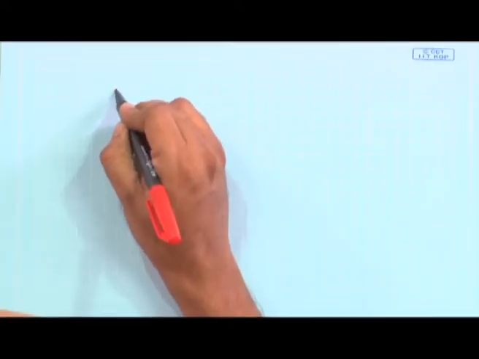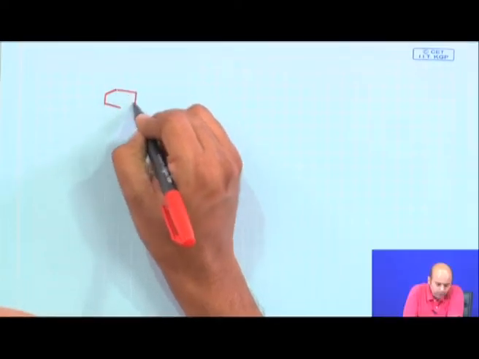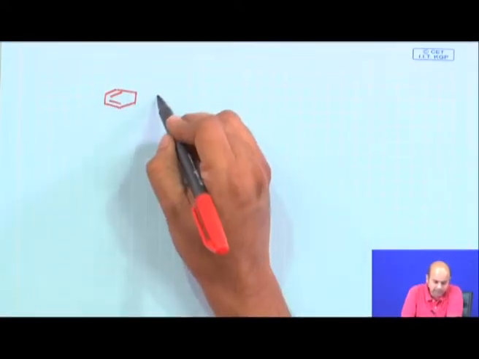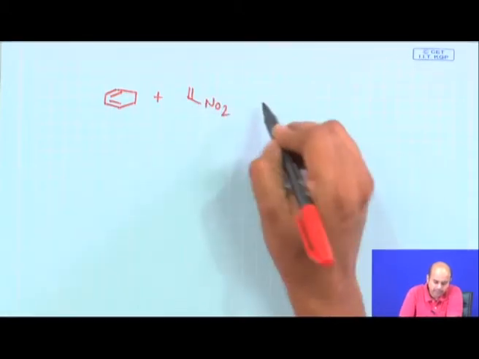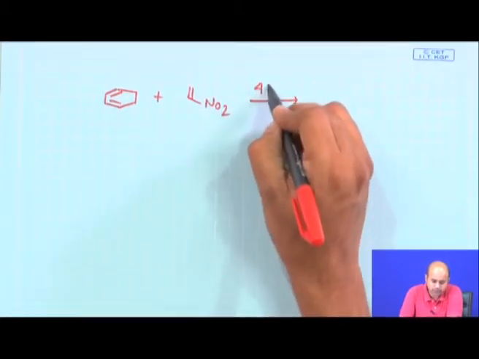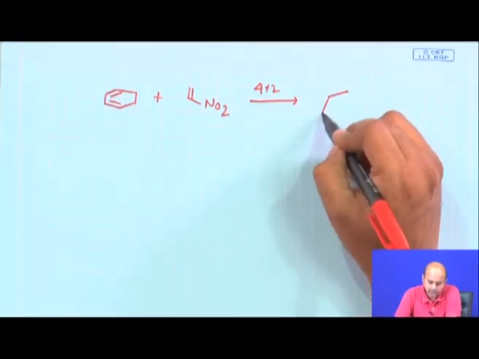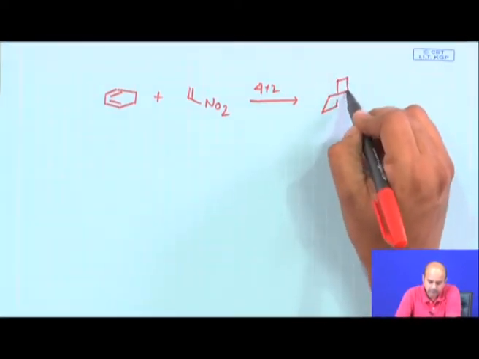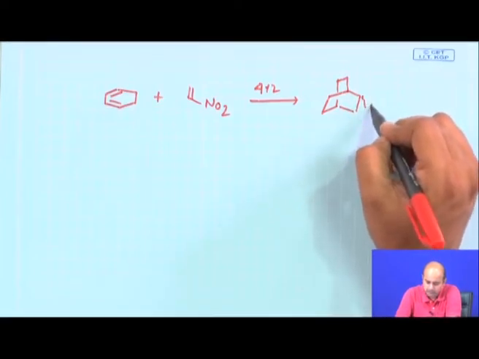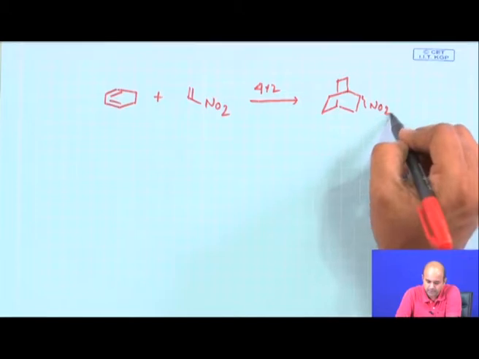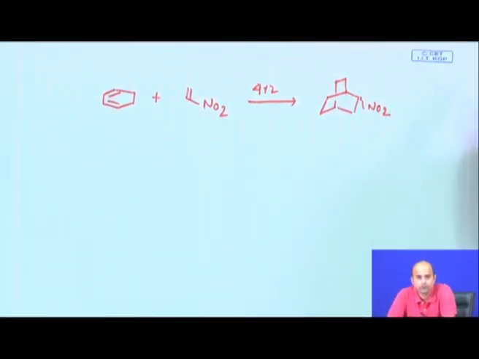The pathway will be very similar, and the transformation you are already familiar with. So, what you do? You take this diene and react with the vinyl nitro compound. So, 4 plus 2 thermal cycloaddition, and you will basically get the product. The stereochemistry I did not mention, but normally in a thermal cycloaddition you will always get the endo product in 4 plus 2.